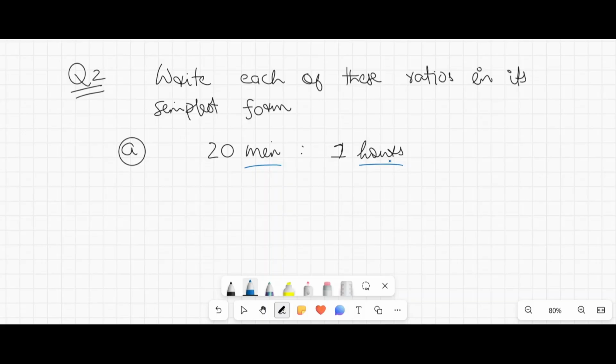So I am converting the hour into 60 minutes. So 1 hour is equal to 60 minutes. So 20 minutes ratio 60 minutes. When you divide both sides by 20, you will get 1 ratio 3.